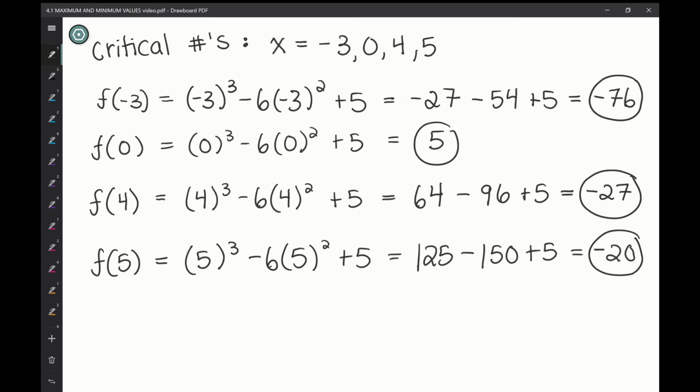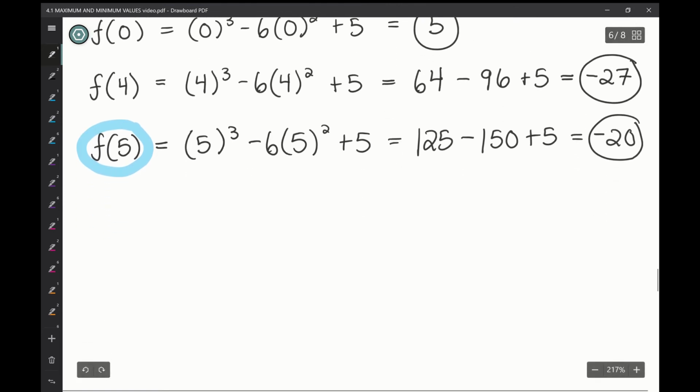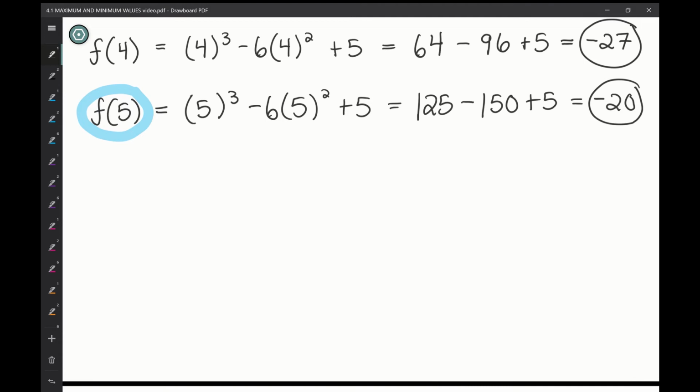Next, we want to compare these. We want to be careful. Our endpoints are f of negative 3 and f of 5, which means that they cannot be the locations of local maximums or minimums. Sometimes I find it useful to sketch a quick picture of a graph to help me out.